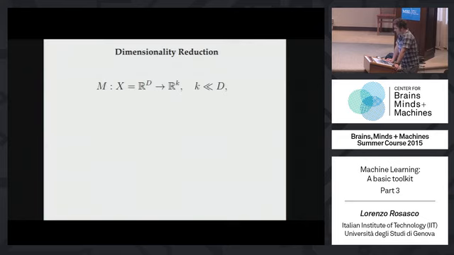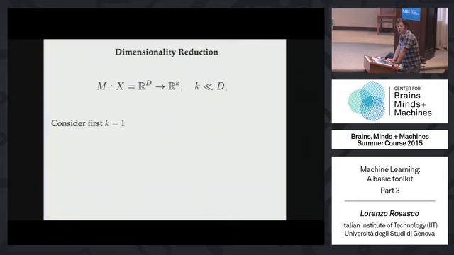Okay, so the game is going to be the following. X is the data space, which is R^D, and we want to define a map M that sends vectors of length D into vectors of length K. K is going to be my reduced dimensionality.